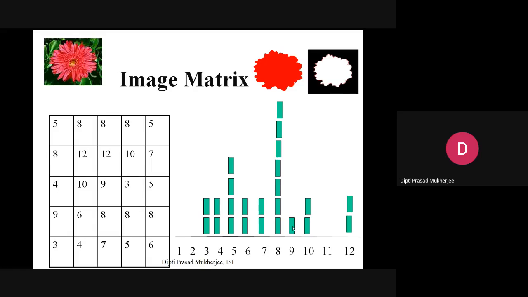But by looking at the histogram, can any one of you tell me what information it is giving me? Eight is appearing the maximum number of times and 9 is appearing only once. Frequency of numbers, that is correct. And 8 is appearing the maximum number of times. In fact, 11 has occurred never, right?